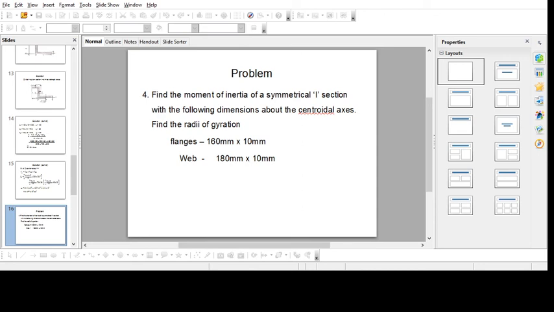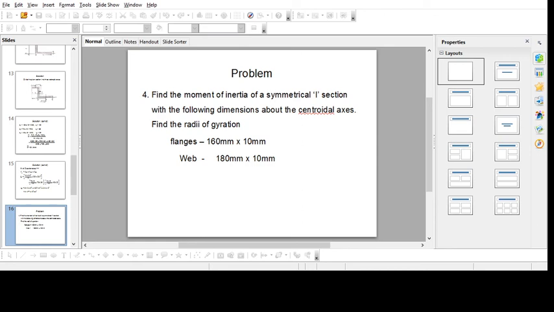So K is equal to under root I by A, where I is moment of inertia and A is the area of the section. Now I am taking Ixx, whatever we have found, that is 3376 into 10 to the power of 4 by area, means you have to take A1 plus A2 plus A3, that is 5000. So under root of 3376 into 10 to the power of 4 by 5000 is equal to 82 mm.